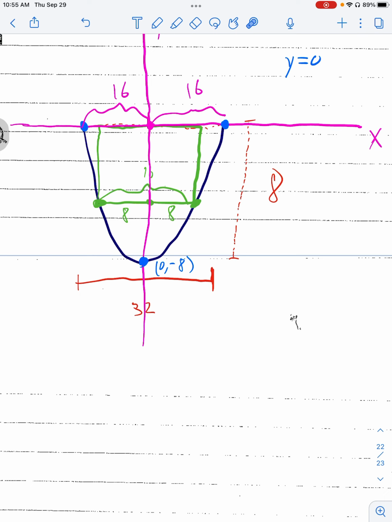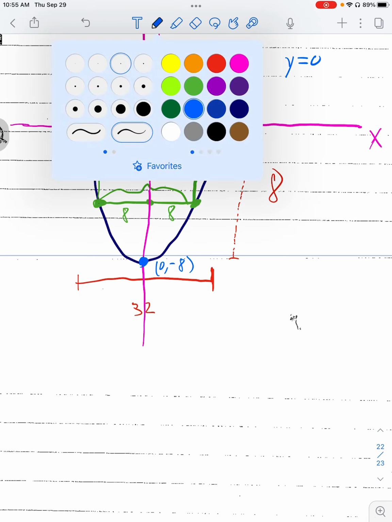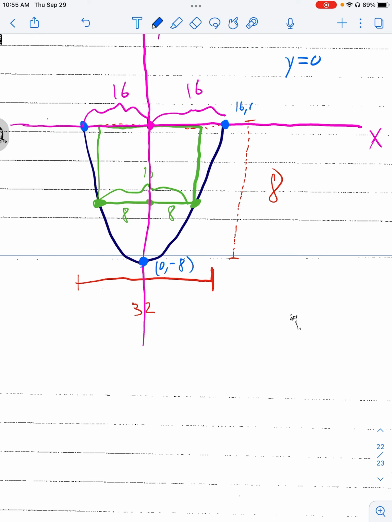So the distance of the brim of my parabola from the origin is 16. This point right here is going to be 16, 0, and this point right here is going to be -16, 0.